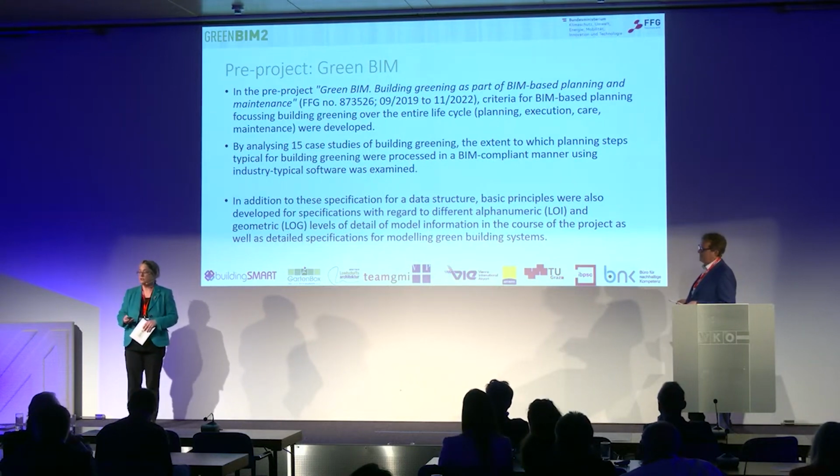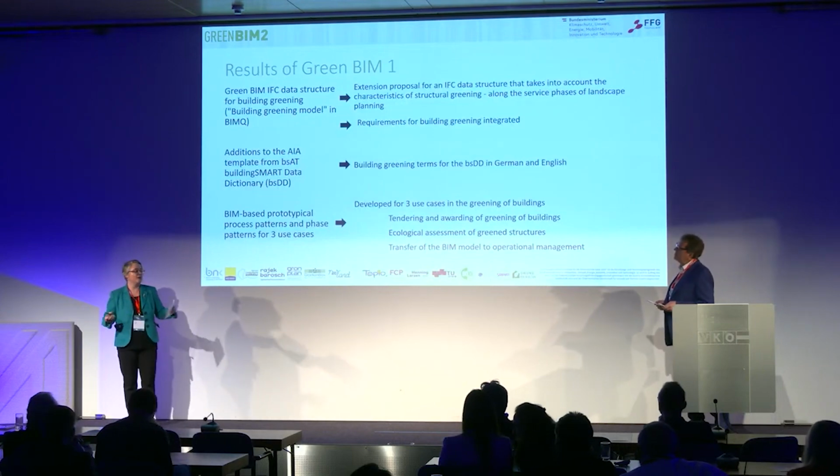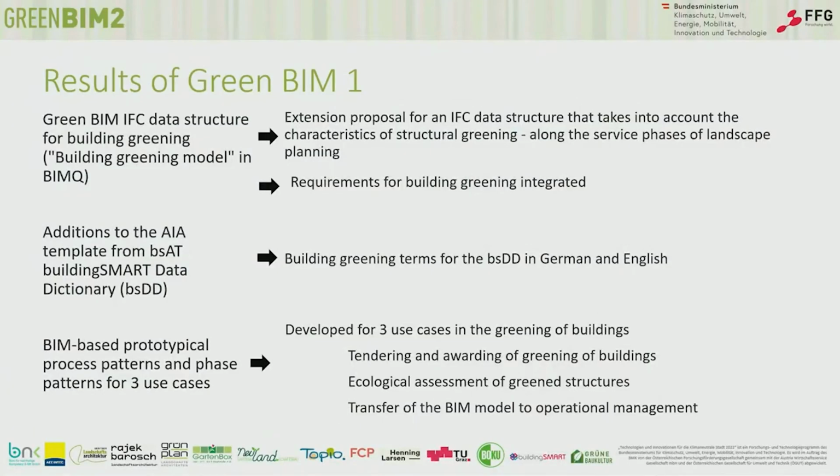At the end of the research project, we were happy that we had gained several results. In the first project we really focused on greening that is directly associated with buildings, so green buildings, for instance green roofs and green facades. That was the main topic.